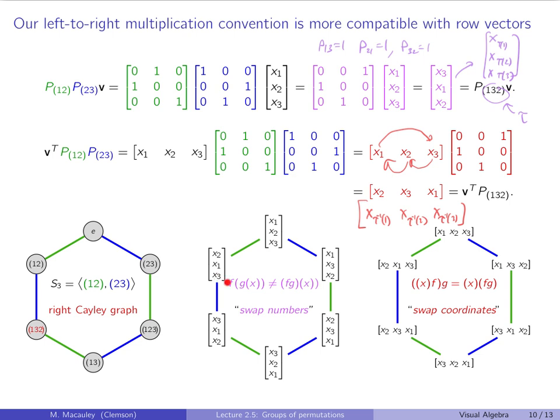Well, then, instead of going out over these, I want to compare this to what I have here, where I'm going to put configurations here, but I have row vectors. So here, it's the same thing as, if I take this matrix here and I multiply on the left by x1, x2, x3 on the right, I'm going to swap the first and the second coordinate.